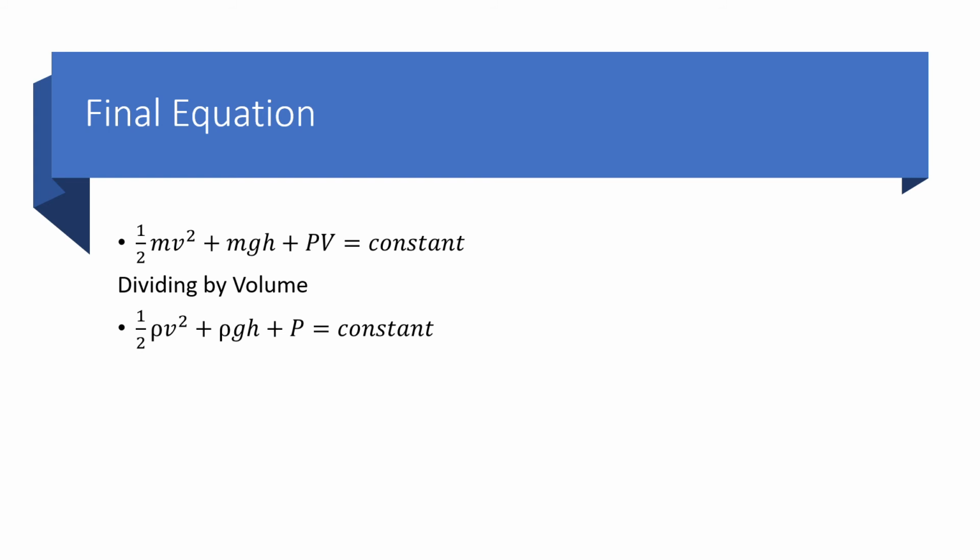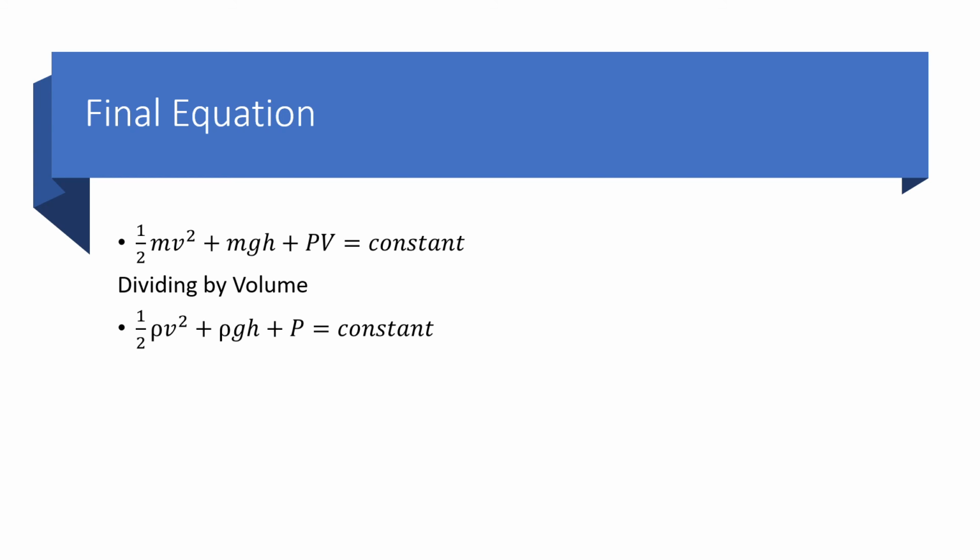This is the most commonly used form of Bernoulli's principle, that is half rho v square plus rho gh plus p equal to constant. And another way of writing it is by dividing the earlier equation by mass.